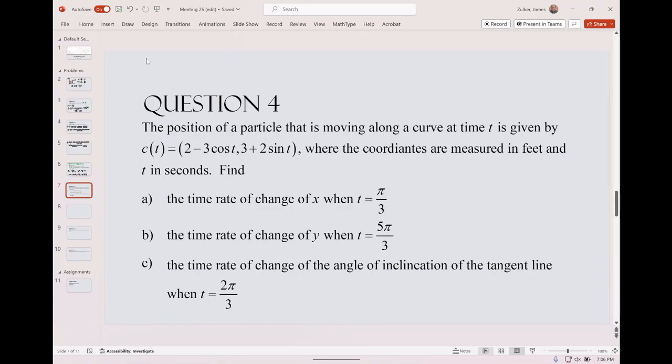The time rate of change of x when time is pi over 3. Time rate of change of y when t is 5 pi over 3. And the time rate of change of the angle of inclination of the tangent line when t is 2 pi over 3.